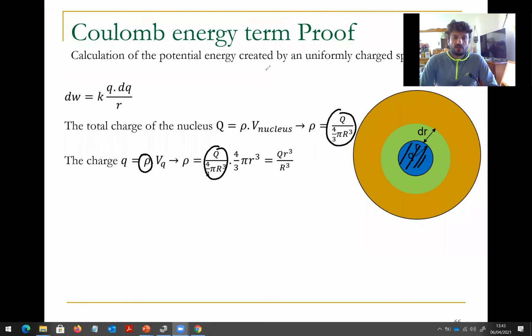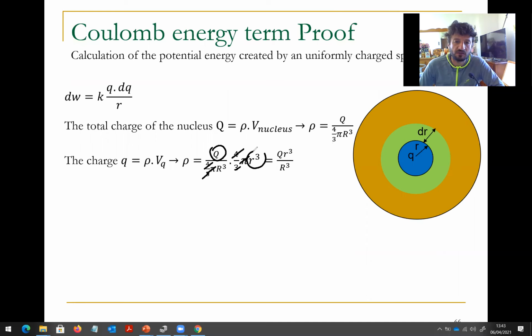So finally we can eliminate 4 and 4, 3 and 3, pi and pi. We finally get Q times small r cube divided by capital R cube. This is the value of q.